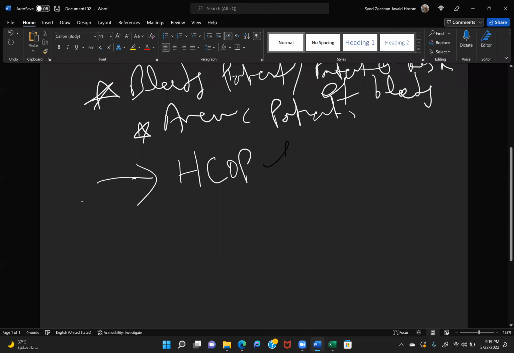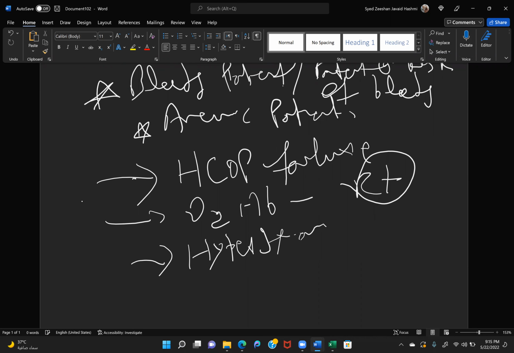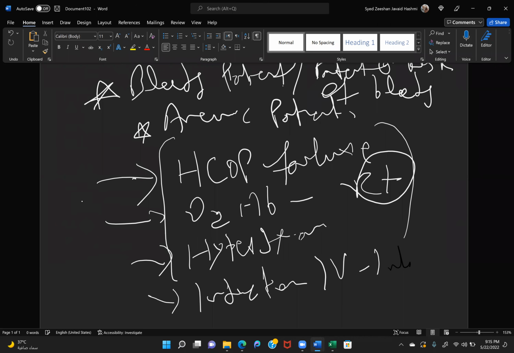The oxygen hemoglobin dissociation curve is shifted to the right. The patient has hyperdynamic circulation in compensated anemia, so you have to think about it. There will be a problem in induction. We discussed before the effect of IV induction versus inhalational induction in an anemic patient.